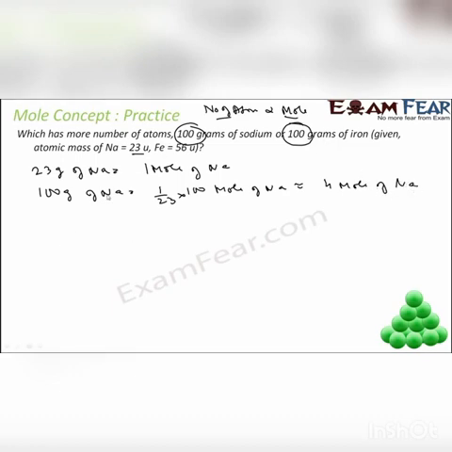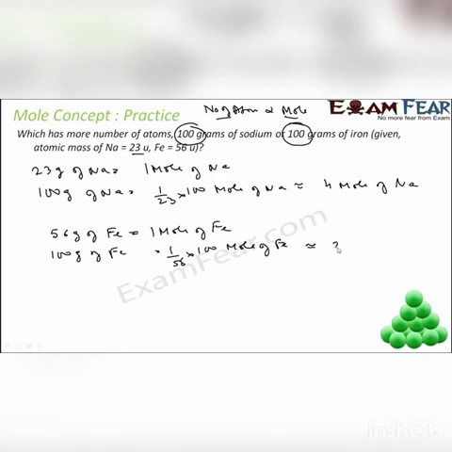Let's find the moles of iron. Iron is 56. 56 grams of iron implies 1 mole of iron. So 100 grams of iron will imply 1 by 56 into 100 moles of iron, and that is almost equal to 2 moles of iron.